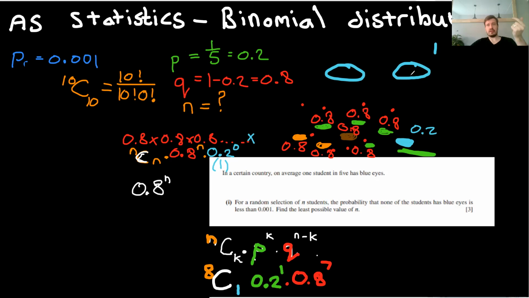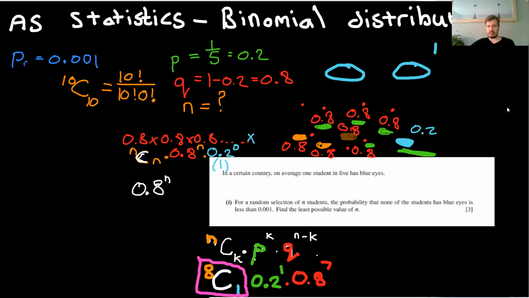And so there's more than one combination when you get them in order of one person having blue eyes. That's why it's a C, because it actually means combination. There are a number of different combinations of ways in which you could get blue eyes.